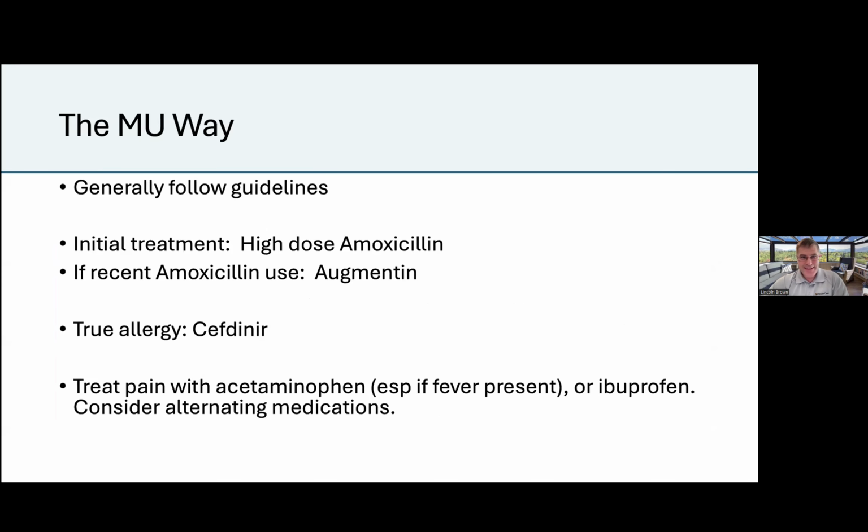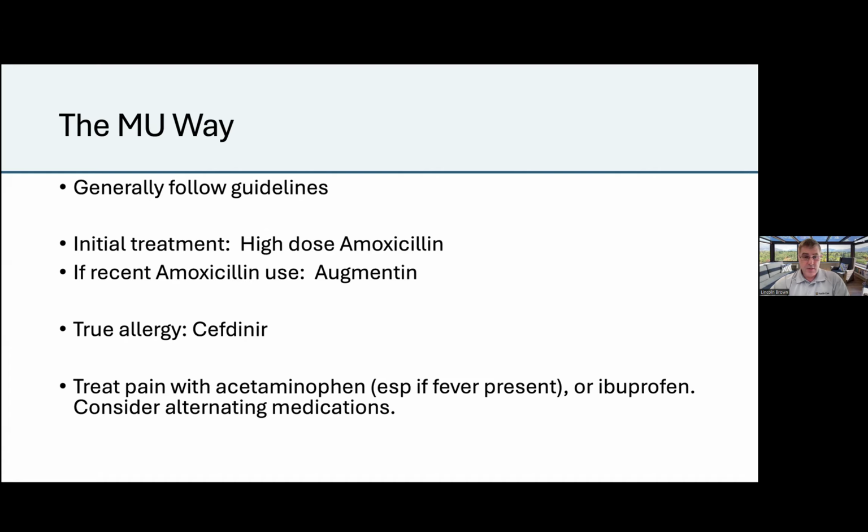Back at MU, we tend to err more, because of where we are and our availability of all sorts of things, toward generally following these guidelines. We start with high dose amoxicillin. If they've had recent amoxicillin use or other concerns, we switch to Augmentin. If we have an allergy, our go-to tends to be cefdinir.